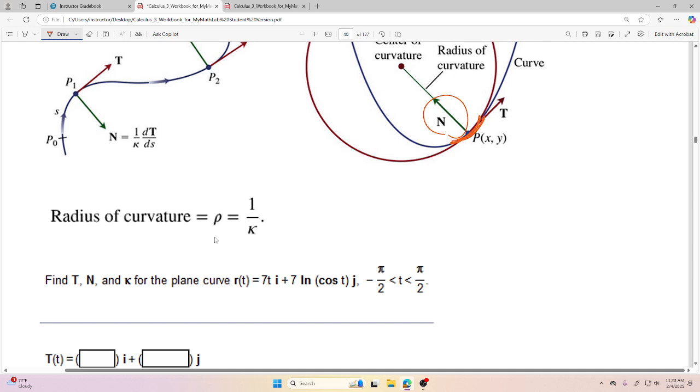This is rho, which is your radius. I don't know why they had to use rho, but whatever. It's R, it's fine. And that's definitely not just a K, that's now a kappa. So rho and kappa.